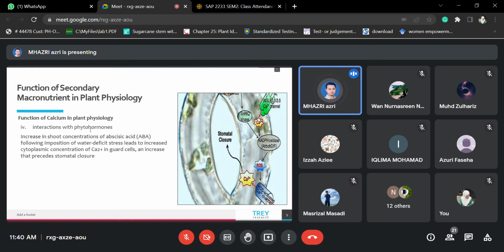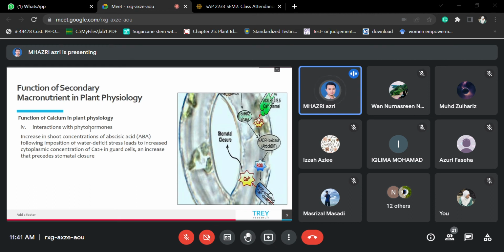Okay, and then it will pump in potassium ion. The potassium concentration in the cytoplasm will reduce the osmotic potential of the guard cells.